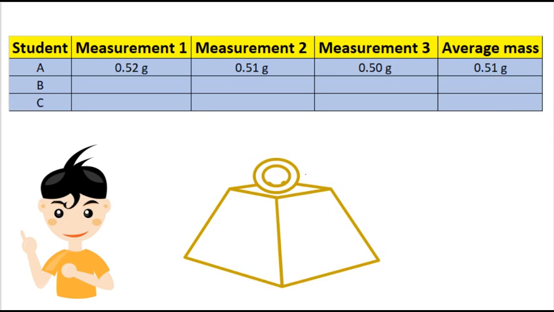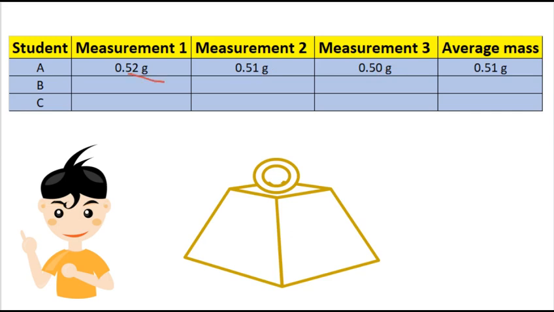Now you know the weight of this stone is how much? 0.52 grams. The first time he got it correct. But if you look at the second and third value, they are very far from the actual value. Can you see? 0.51 is less than 0.52. 0.50 is also much less than 0.52.